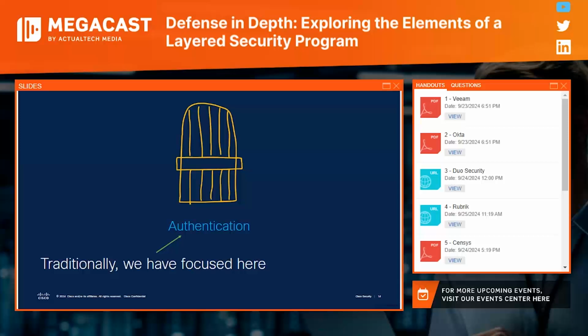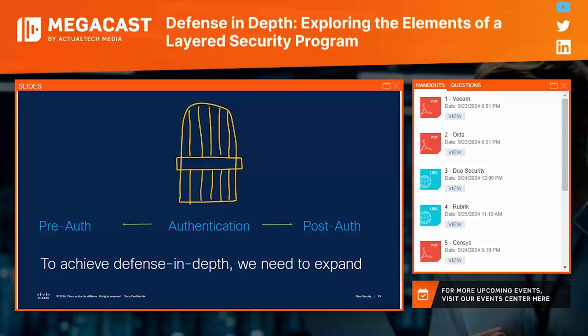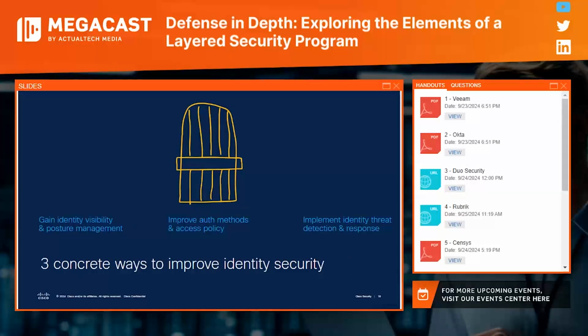I think everyone in the industry is on this authentication component, and we've added things like multi-factor authentication. Duo does that a lot, and is a big player in the multi-factor space. But our opinion now is that we need to expand beyond this and look both pre and post authentication to achieve more defense in depth.